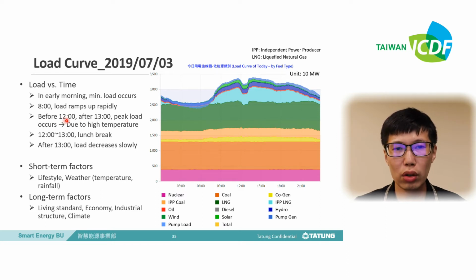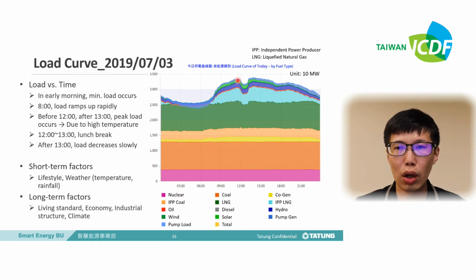And before 12 o'clock and after 1 p.m., the peak load occurs due to the hot weather, because people will turn on the air conditioner at noon, so the load is very high.